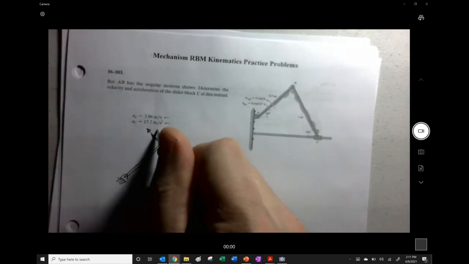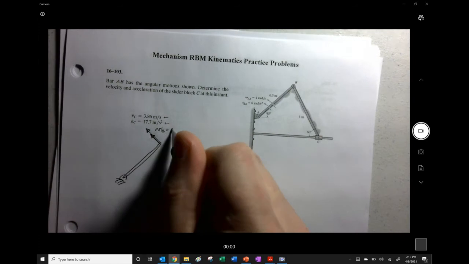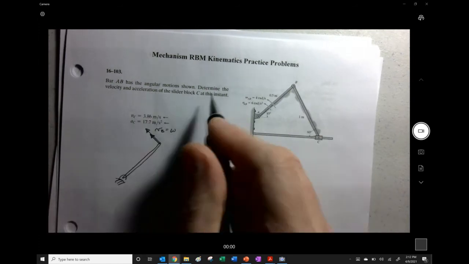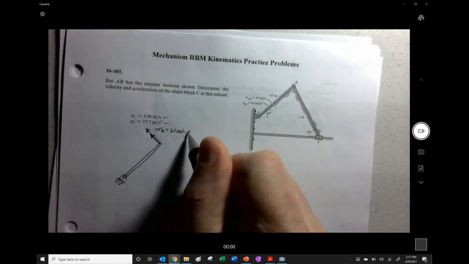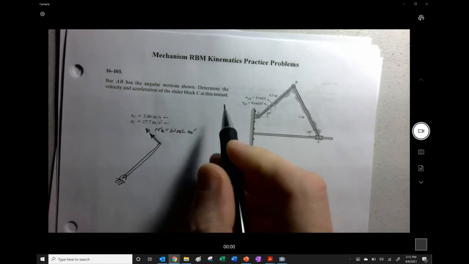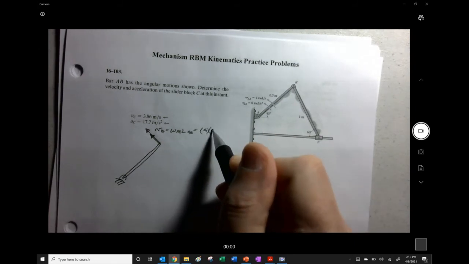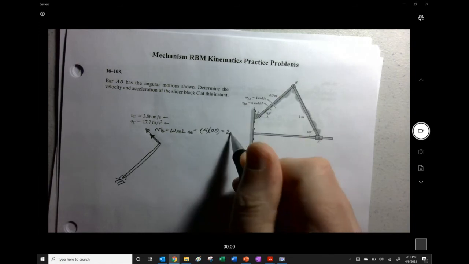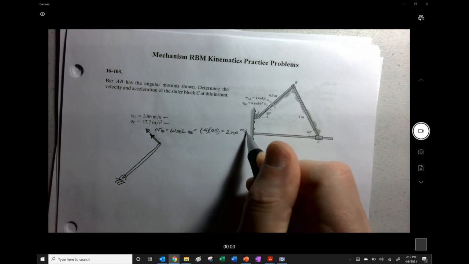So this says the velocity of B is going to be omega AB times L AB, which is 4 times 0.5, and I believe that's going to be 2 meters per second.